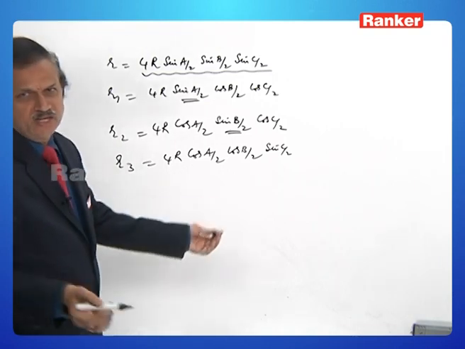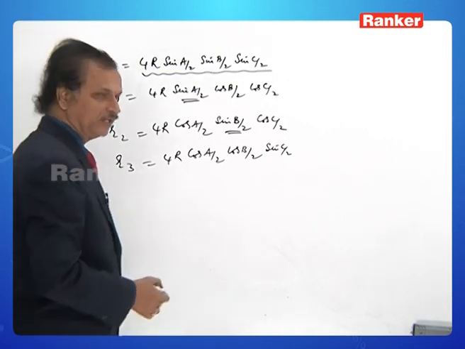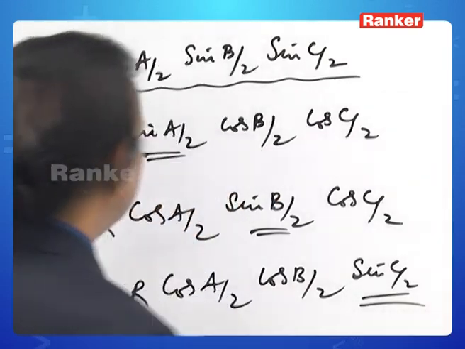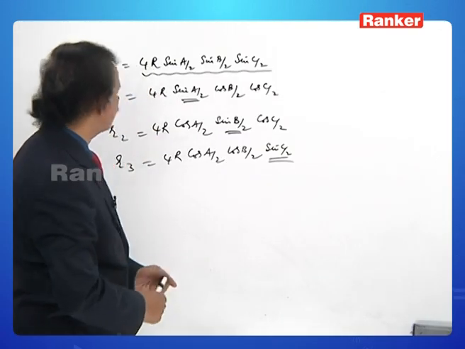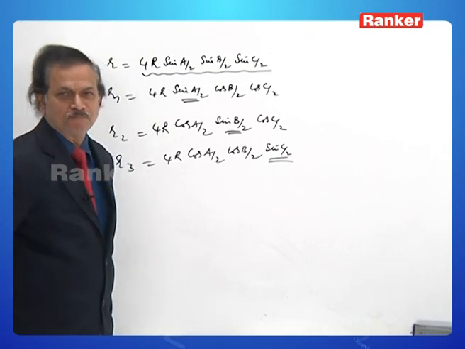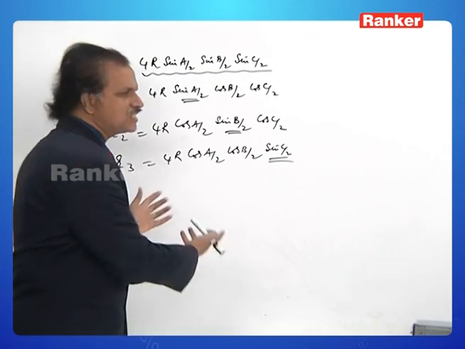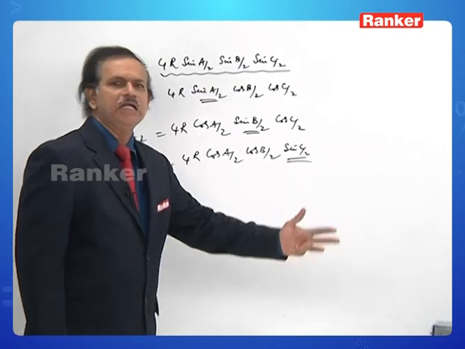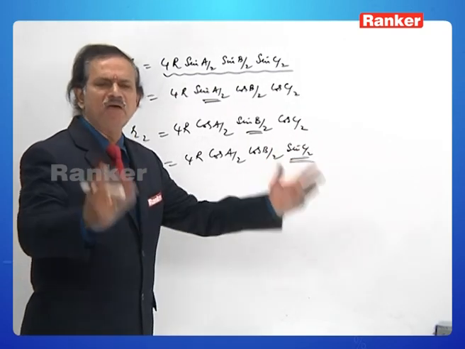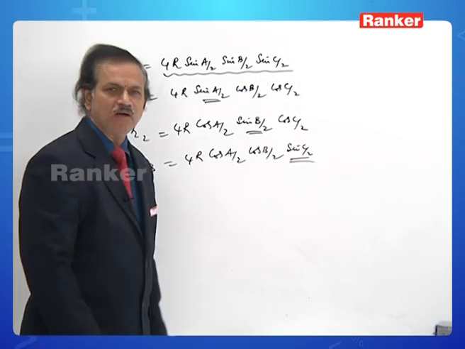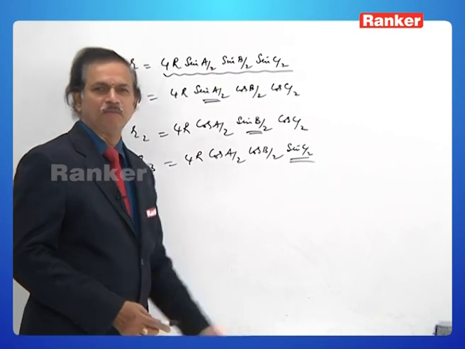Accordingly, automatically and symmetrically, in r3, the third place is occupied by the sine function and the first two places are occupied by cosine functions. These are very much useful, widely in use. They have many applications. Let us now look at some of those applications.